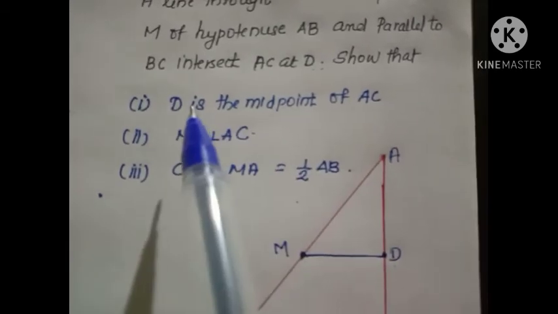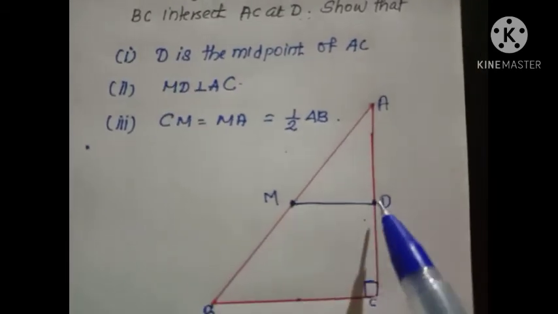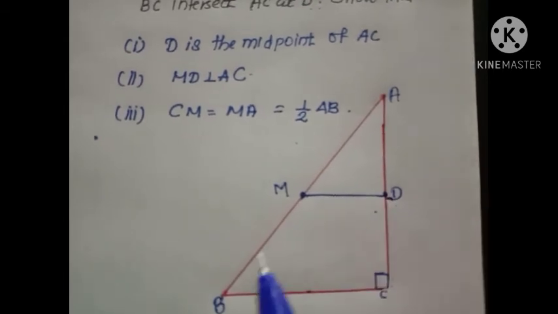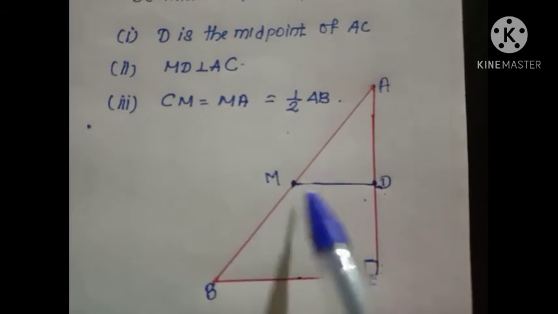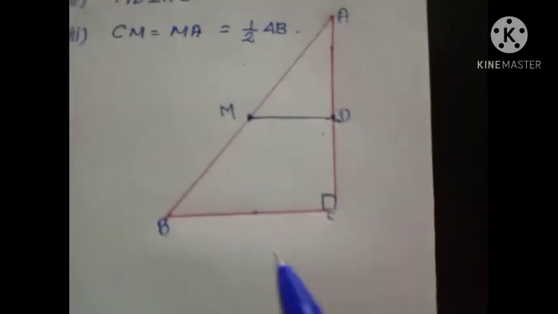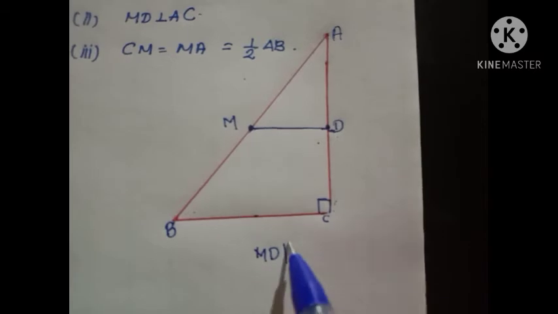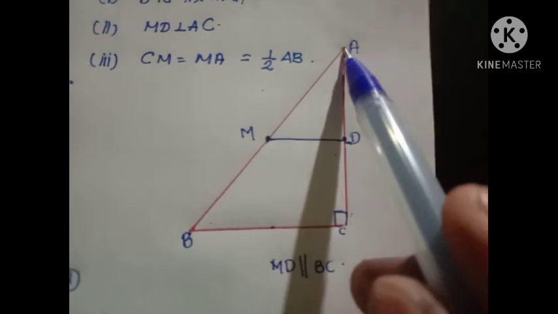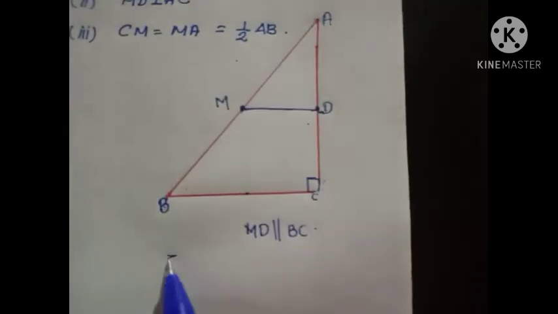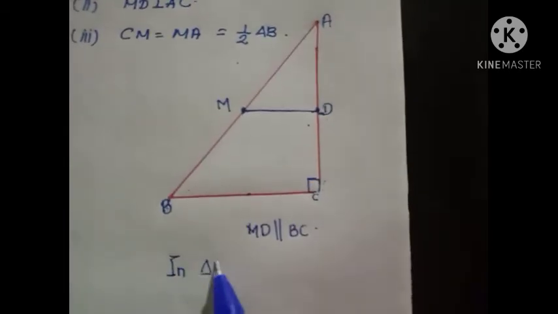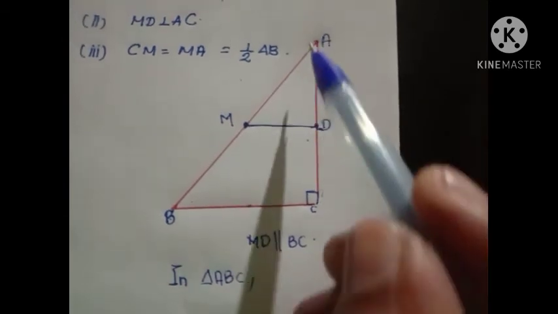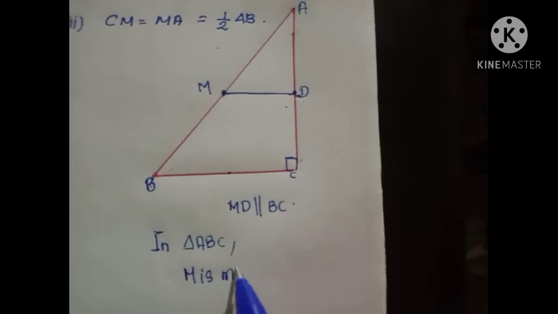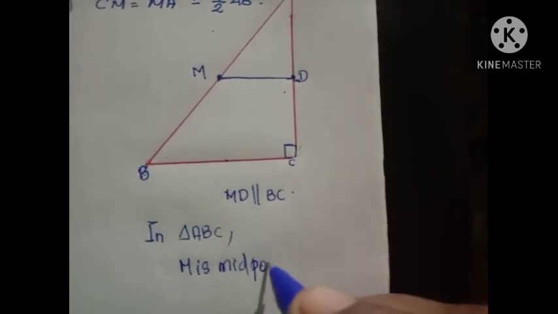First we need to show D is the midpoint of AC. By our construction, MD is parallel to BC. Let us consider triangle ABC. In triangle ABC, M is the midpoint of AB.